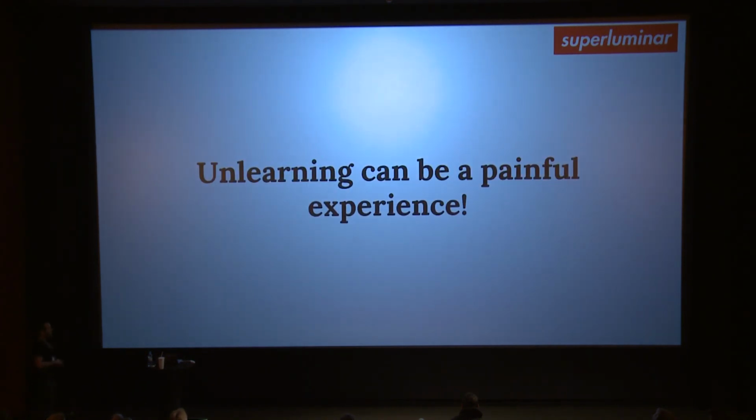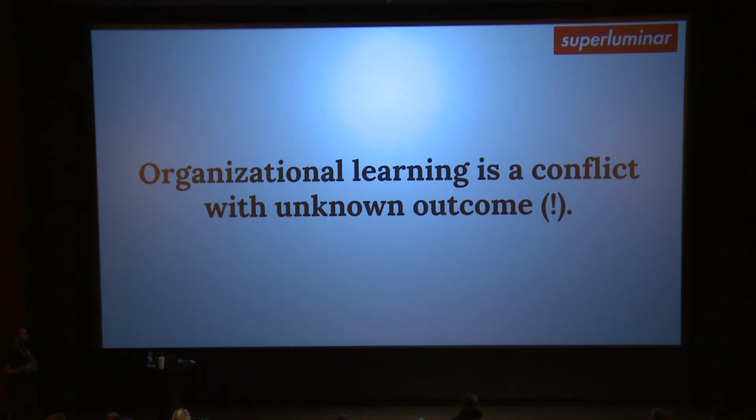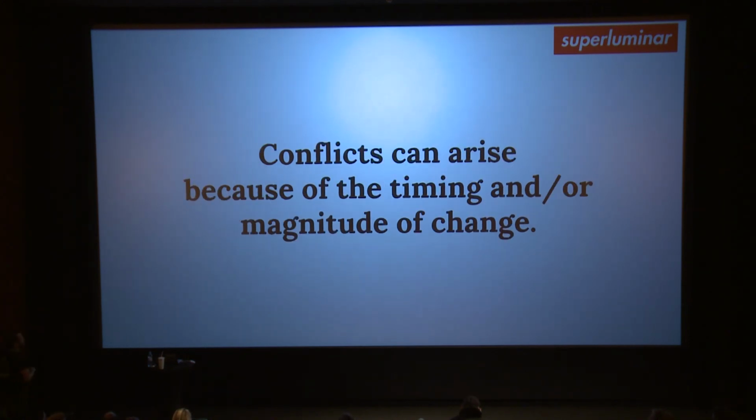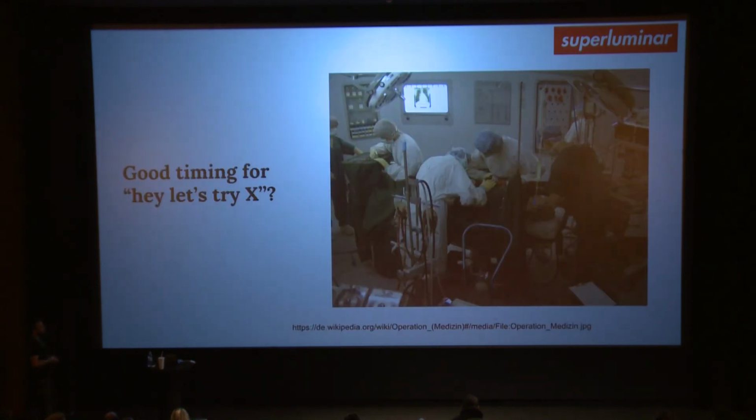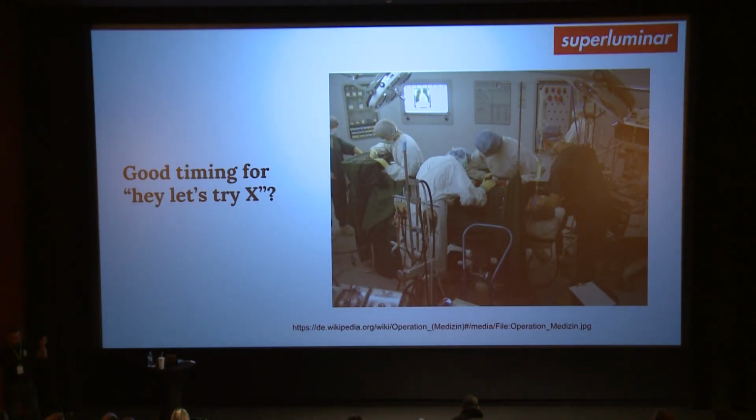So unlearning can be a painful experience, and this is also because learning can be in conflict with unknown outcome. So conflicts in your team or organizations can arise because of timing or magnitude of a change. Just as an example, maybe there are better ones, like you're in an emergency room and someone says, hey, let's conduct an experiment.